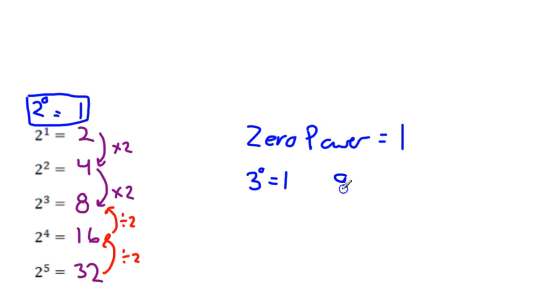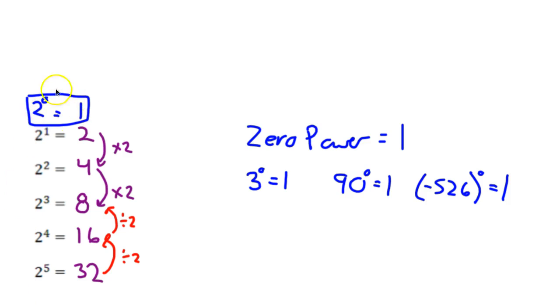If I have 90 to the 0 power, that equals 1. If I had negative 526 to the 0 power, that also equals 1. So this is an important rule you should know. Whenever you have a 0 for an exponent, it's going to equal 1.